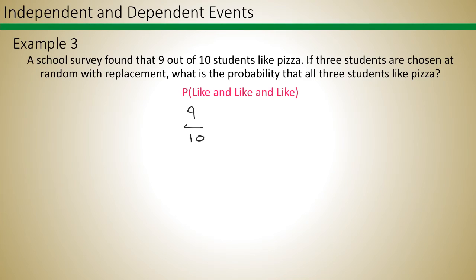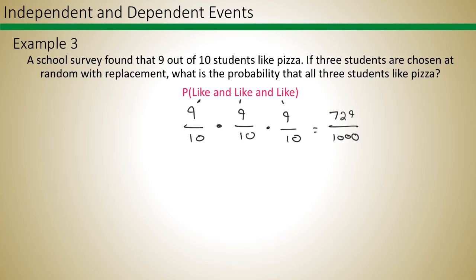This one's also 9 over 10, and then also 9 over 10. So we're just going to multiply all 3 of these things together. Okay, so we end up with 729 over 1,000.